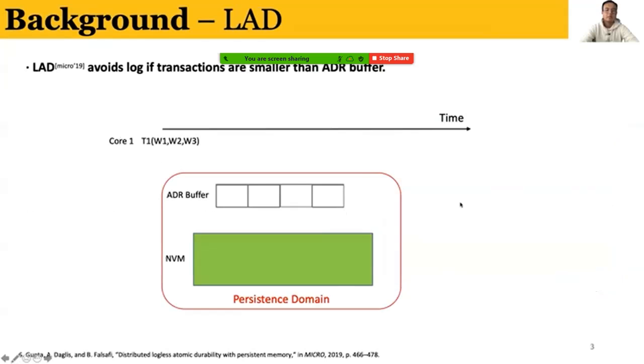Recently, LAD proposes a logless crash consistency scheme if the size of the transaction is smaller than the ADR buffer. To achieve this, transaction updates accumulate in the ADR buffer during execution and are flushed to NVM when the transaction ends. Here is the example. It is assumed that the ADR buffer size is 4, and there are 3 unique updates, W1, W2, W3, in transaction T1.